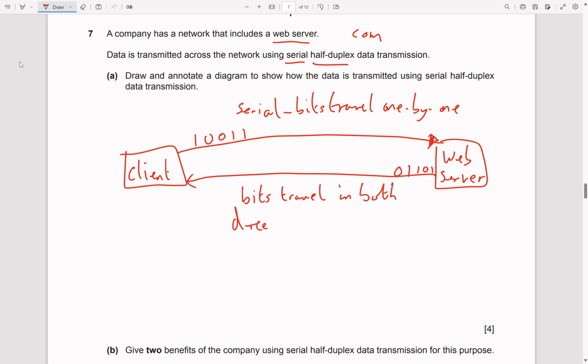But then we want to say, but not simultaneously. Now, is that going to be enough? We've got the client, we've shown serial, we've also shown half duplex. So I think that should be enough for 4.